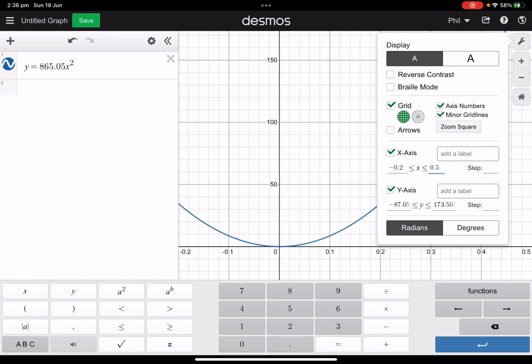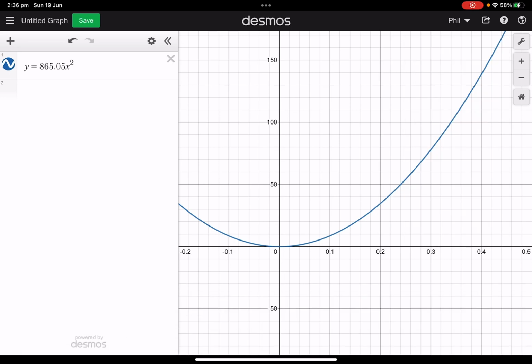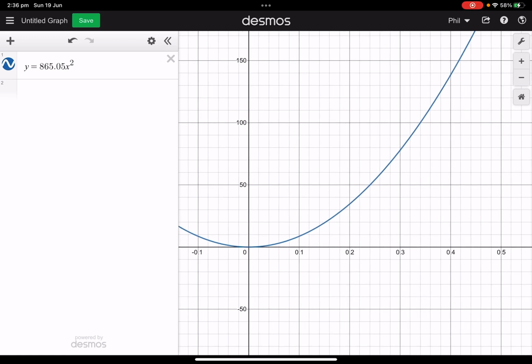So that's kind of nice, we've got our values there: 0.1, 0.2, 0.3, 0.4.